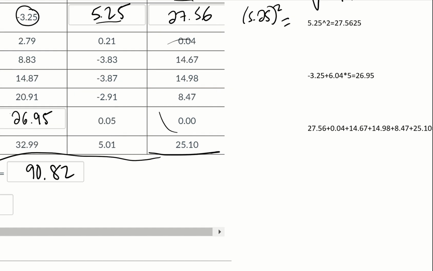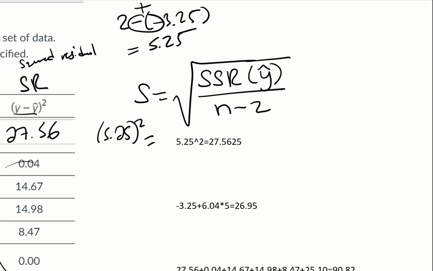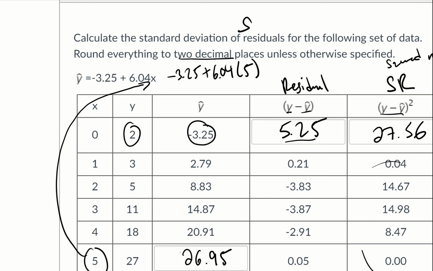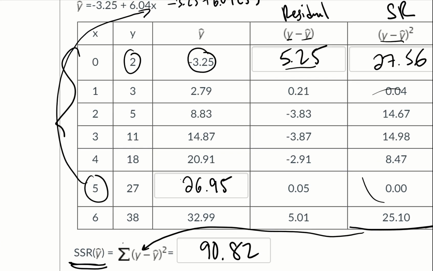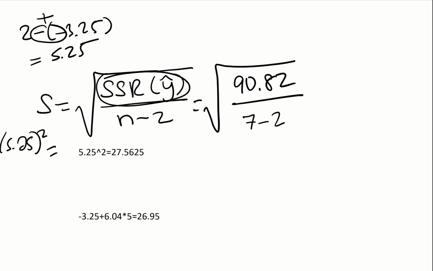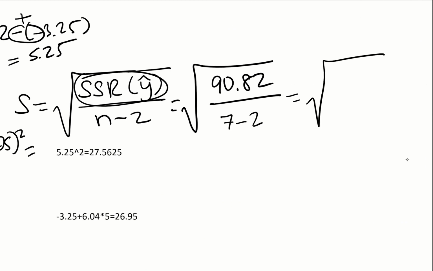And so now remember, we're going to calculate S now. So we're going to plug in what we just found here, 90.82 divided by n minus 2. So n is how many numbers you have. So here I have 7 numbers. So n is 7. So it's going to be the square root of 90.82 divided by 5.